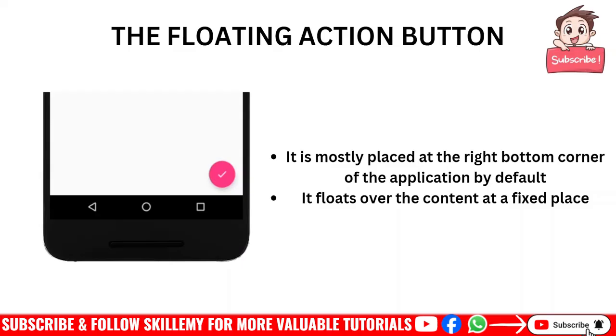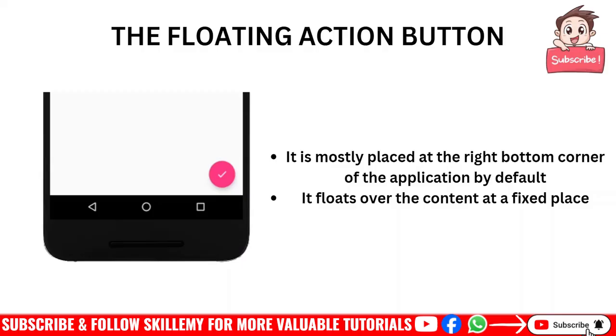There can be any icon as such. This is basically known as the floating action button, and it is mostly placed at the right bottom corner of the application by default.